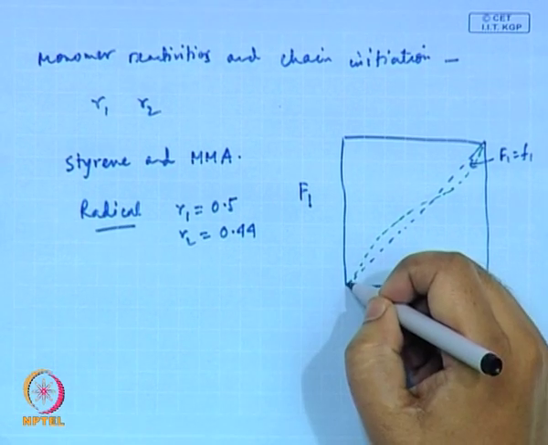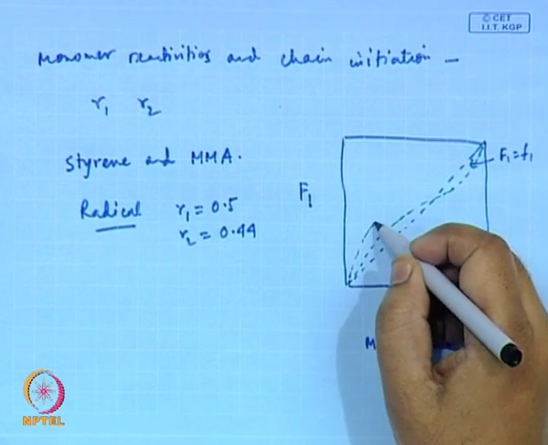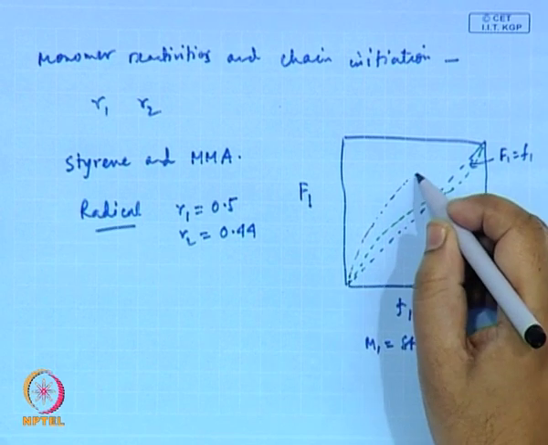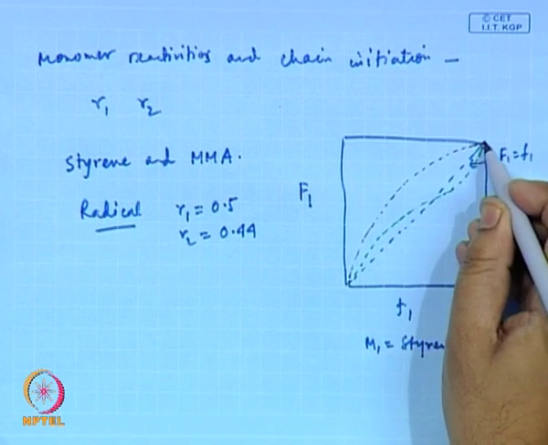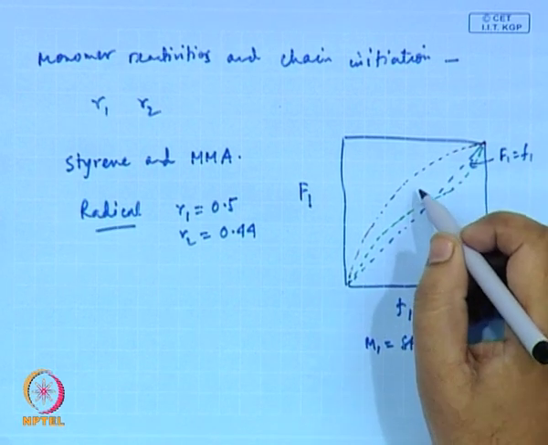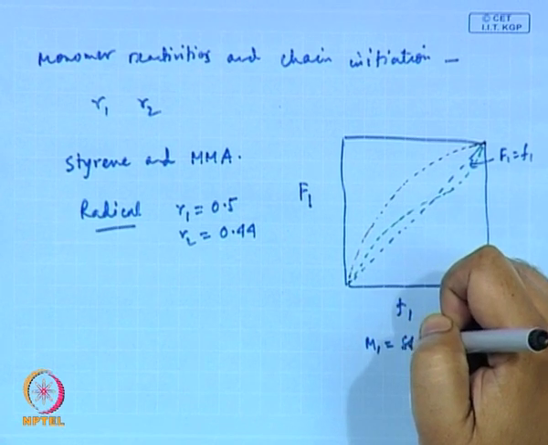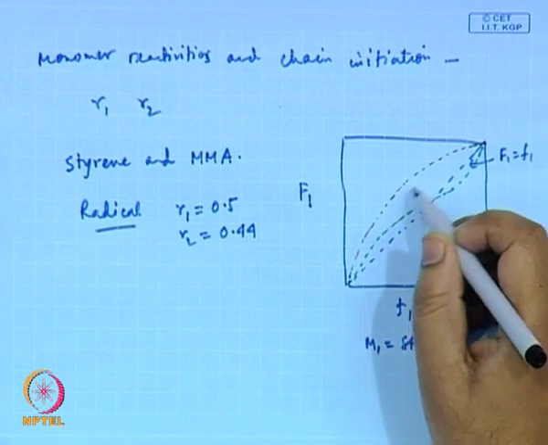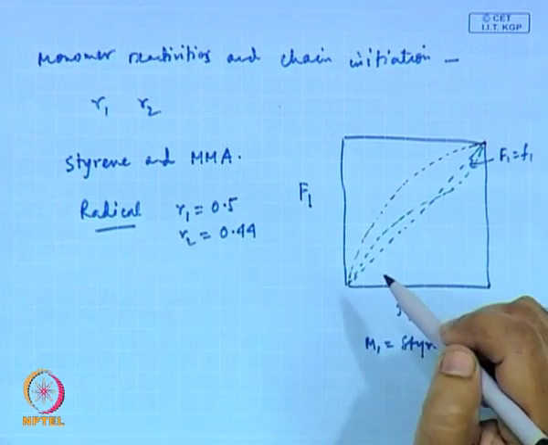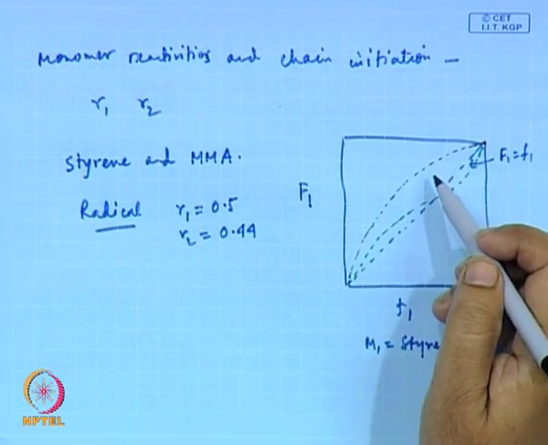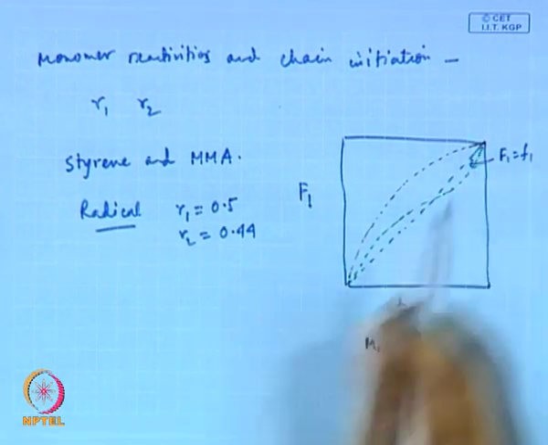Now, if you do a cationic polymerization, then obviously styrene is much more reactive compared to MMA in a cationic polymerization. So, you get a curve like this.